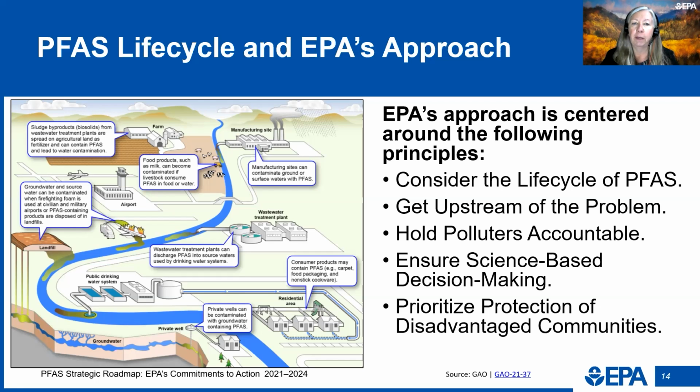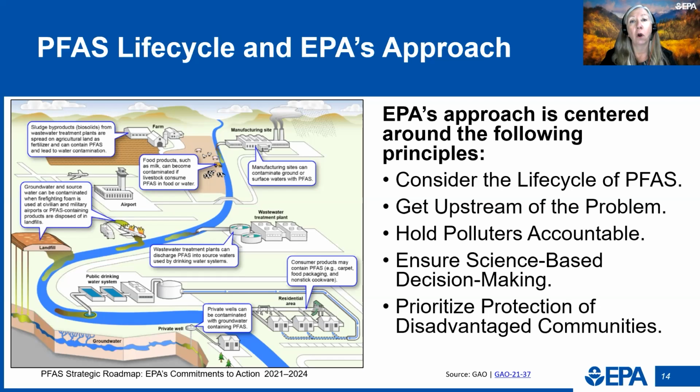Our approach towards PFAS takes this uniqueness into account and is centered around the following principles. First, we must consider the life cycle of PFAS, including their unique properties, the ubiquity of their uses, and the multiple pathways for exposure. Second, get upstream of the problem. EPA is bringing a deeper focus to preventing PFAS from entering the environment in the first place. This is a foundational step to reducing the exposure and potential risks of future PFAS contamination.